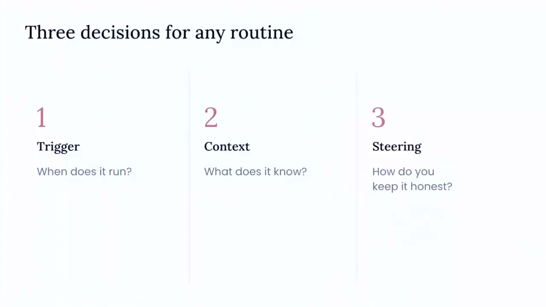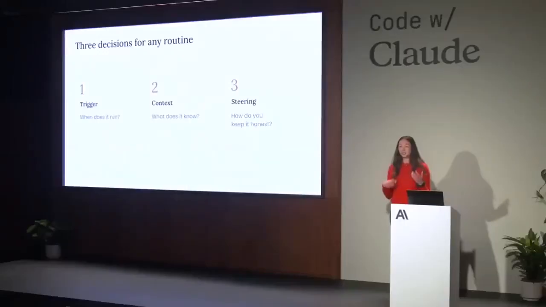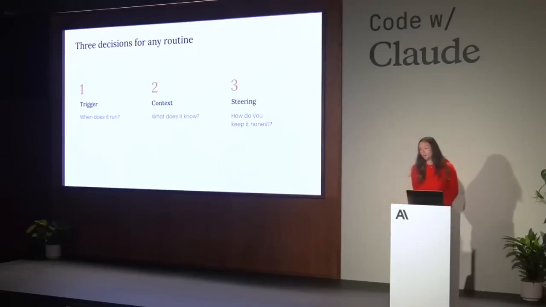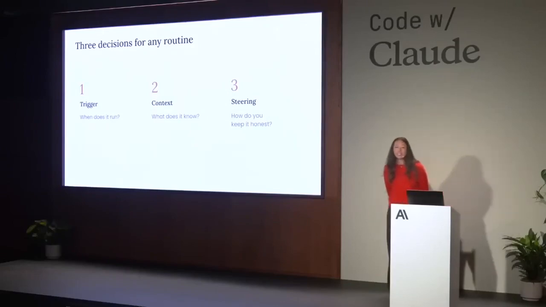But first, I want to walk through the three main decisions you'll need to make as you create any routine. The first decision is you'll need to figure out when your routine should trigger. What's actually the event, or is there a certain cadence that you want this to run? The second decision is what context or information does Claude need to have to be successful here?